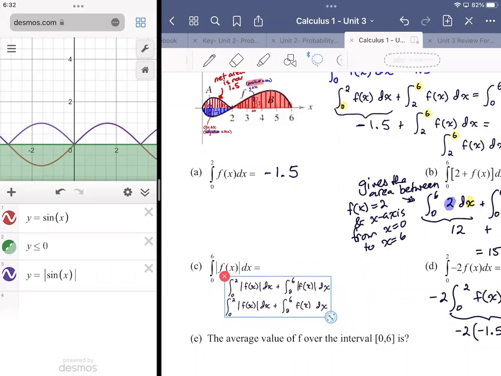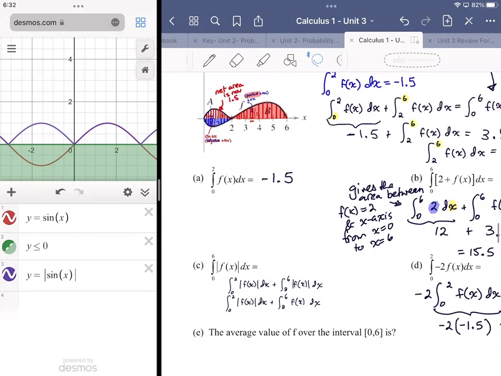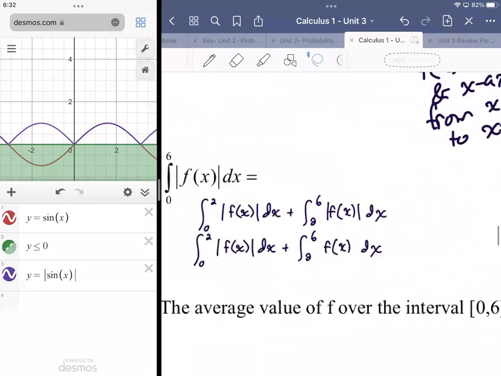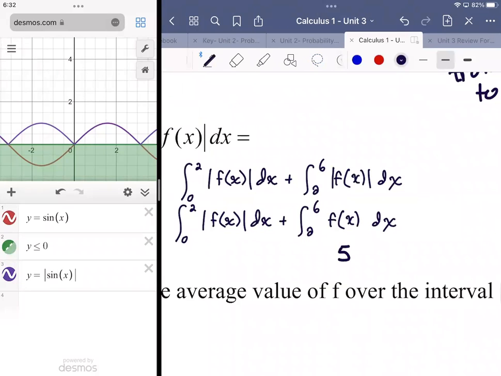So we already know the 2 to 6 part of it. We figured that out before over here. That's equal to 5. This piece, an absolute value function, can transcend the integral under certain circumstances, as long as it's consistently below the axis over the interval or above the axis over the interval.